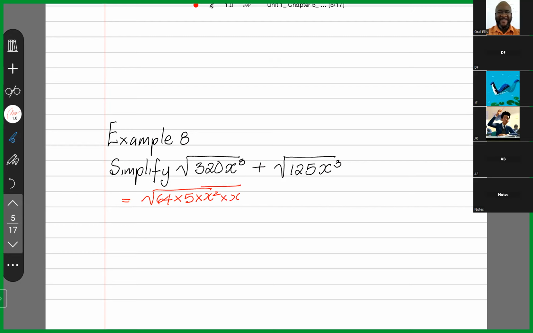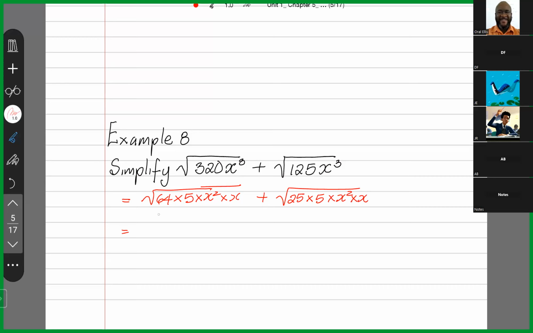So x cubed is the same as saying x squared times x. Now, 125, this is the same as saying the square root of 25 times 5 times x squared times x. Again, x cubed is the same as saying x squared times x.